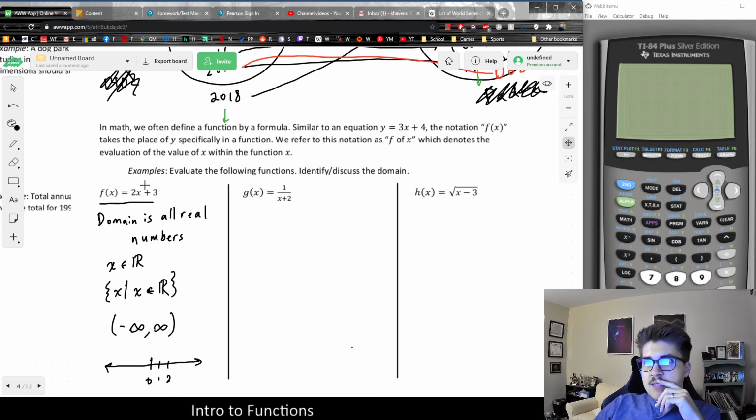Basically, in this particular function, if we're trying to graph the domain on a number line, we're trying to figure out, well, which values, basically this number line could be the x-axis, and we're trying to visualize, well, what numbers are allowed. And since everything's allowed, basically we would shade in the entire number line, indicating that the domain is complete. It's the full real number line, and shading it in indicates that that's part of it.